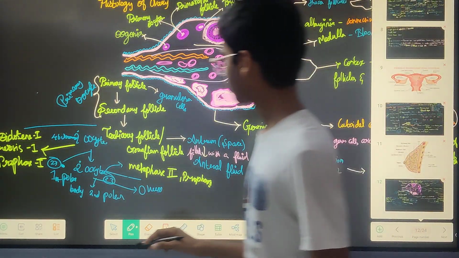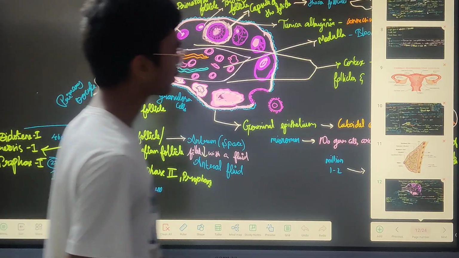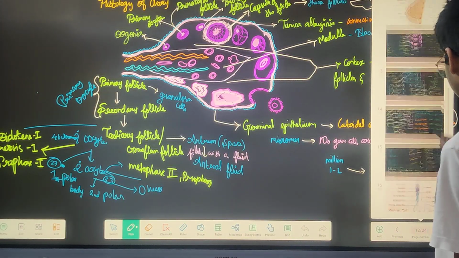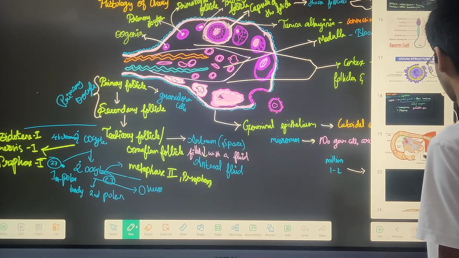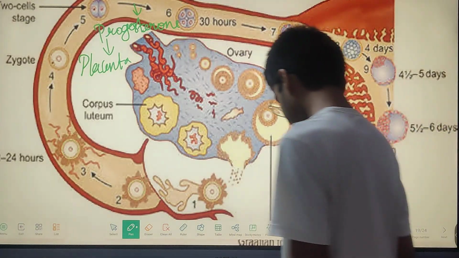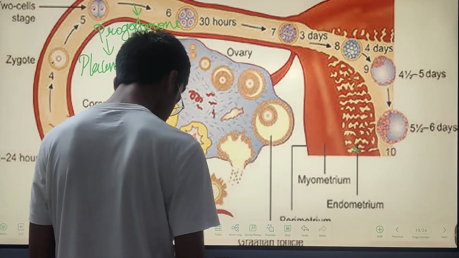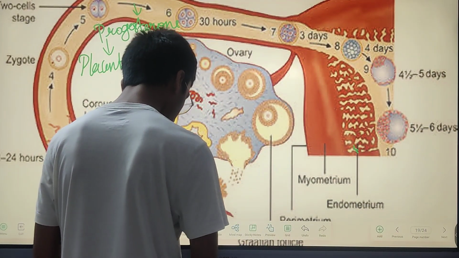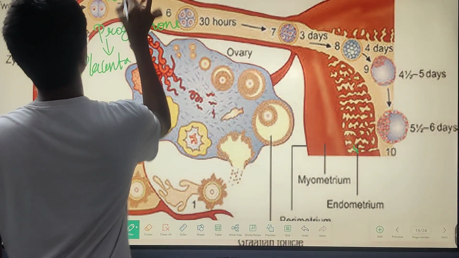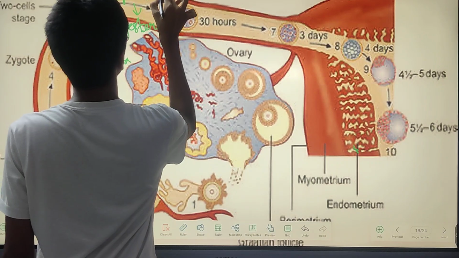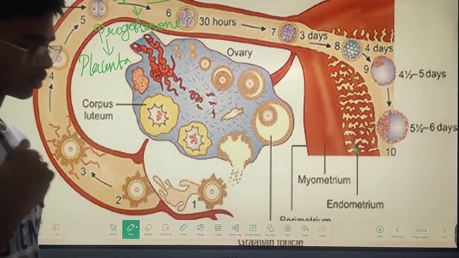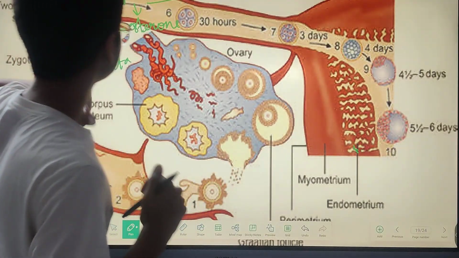Oh, I forgot the name. Graafian follicle. So the Graafian follicle will be converted into the corpus luteum. Yes, corpus luteum. This is what will be forming progesterone.